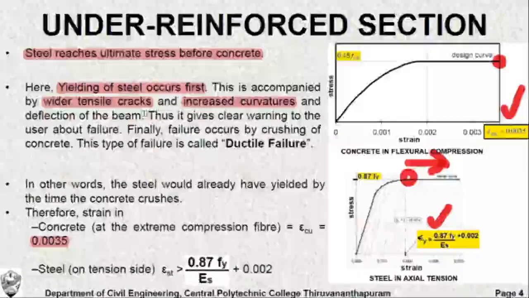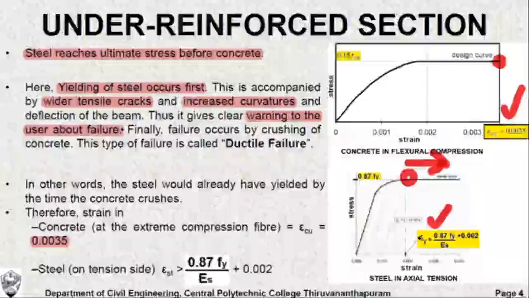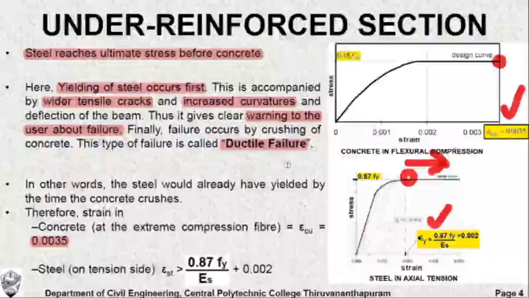So the user of the beam actually sees and perceives large deflections in the structure, which will give adequate warning to the user about the failure. Hence, this is the most preferred concrete section. We call such type of failures as ductile failures.